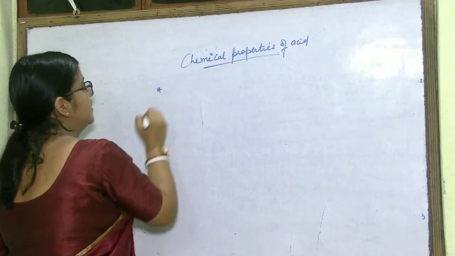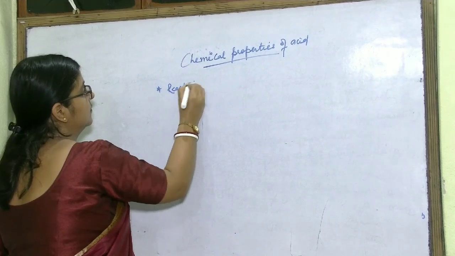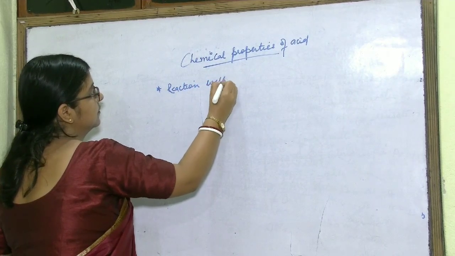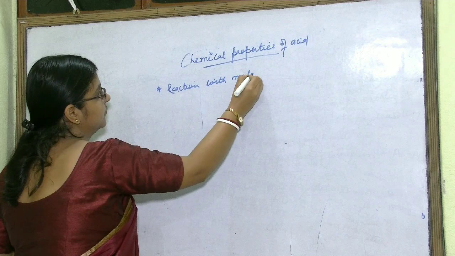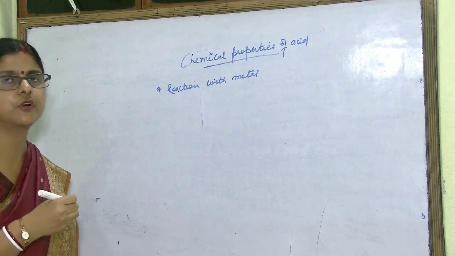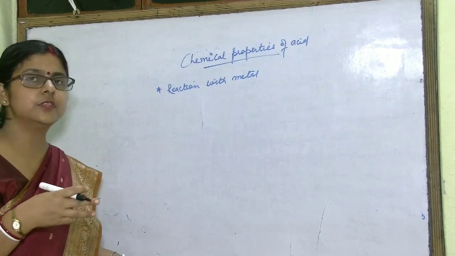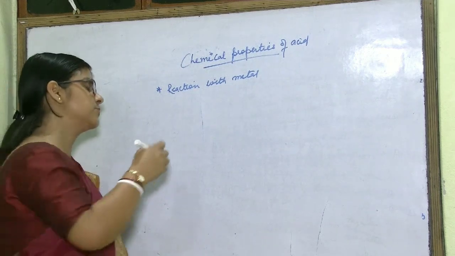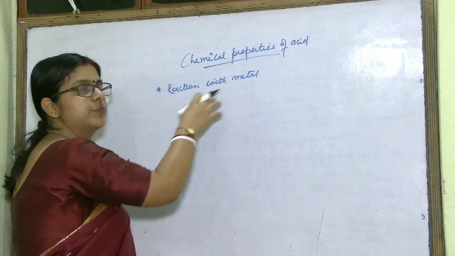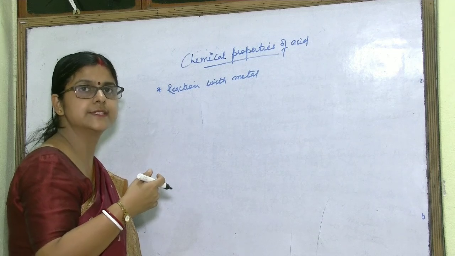Very simple one: reaction with metal. Acid reacts with metal to form salt and hydrogen. Of course, the metal should be above hydrogen in the metal activity series.